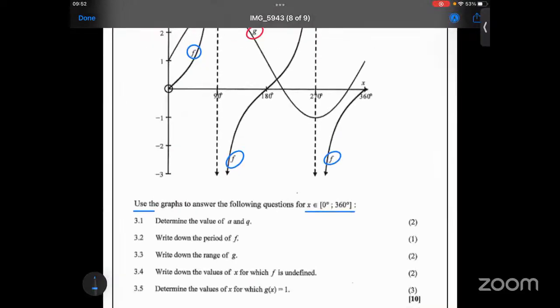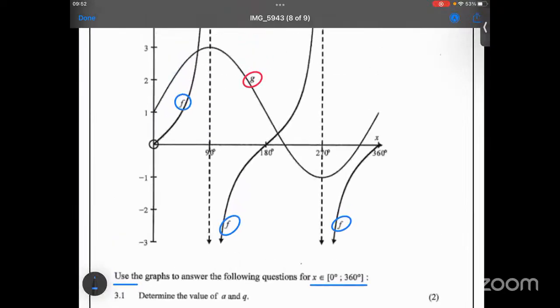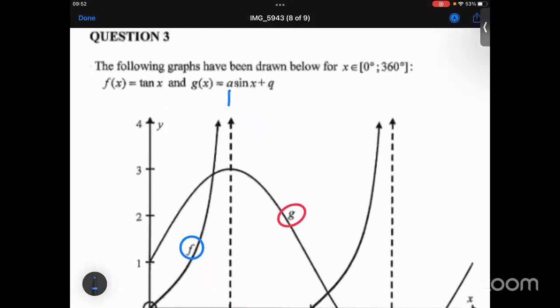So the first question, what they want you to do is to determine the value of a and q. Where is a? Where is q? It looks like a is that one over there, and q is that one over there. Both are for the function of g of x.